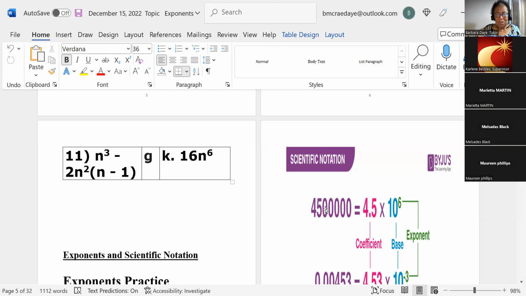Is it 45 million? It's trillions, 45 trillion. What is it, Marietta, in words? This number right here.